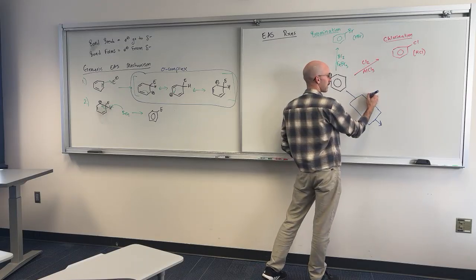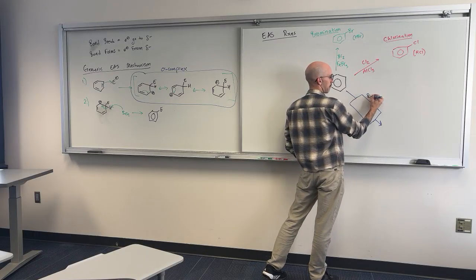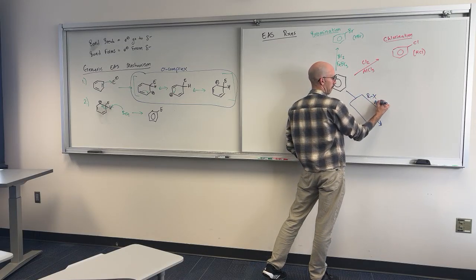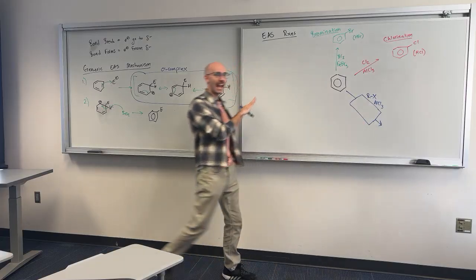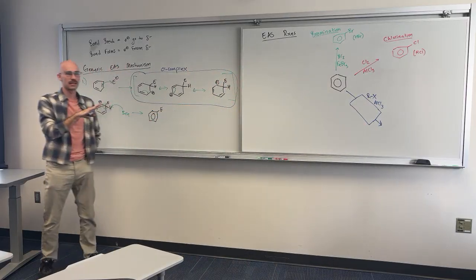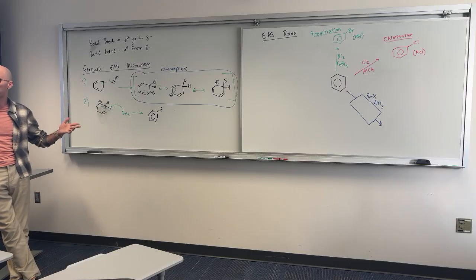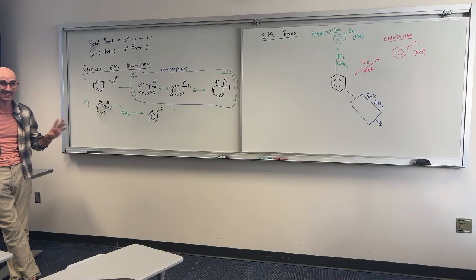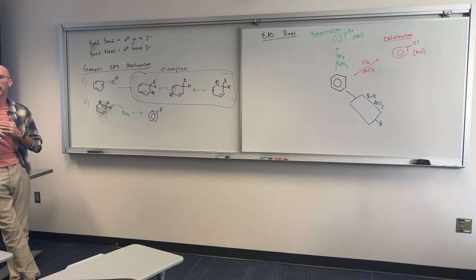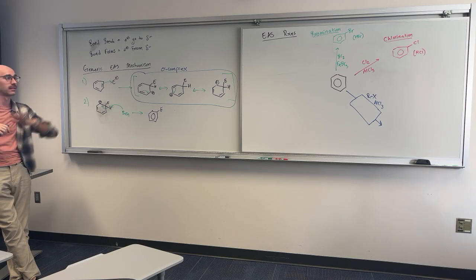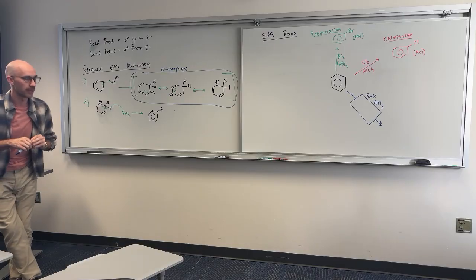One of the routes that we can take is an alkyl halide. Perhaps an alkyl chloride works best. Although, to be fair, these catalyst metals are fairly interchangeable. So you could use alkyl chloride, you could use alkyl bromide, and aluminum trichloride.